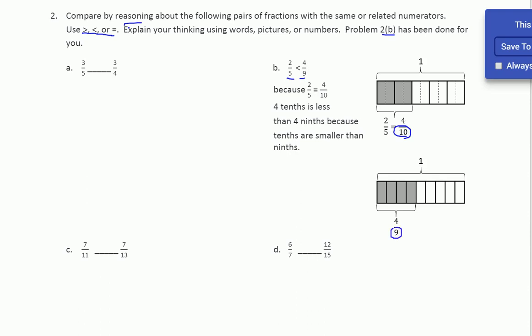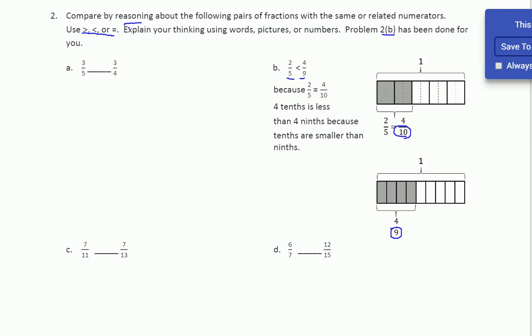So that was pretty tricky. And since tenths are smaller pieces than ninths, you can figure out that 2/5 is equal to 4/10, and they both have 4 pieces, but the ninths are in bigger pieces. So there you go.